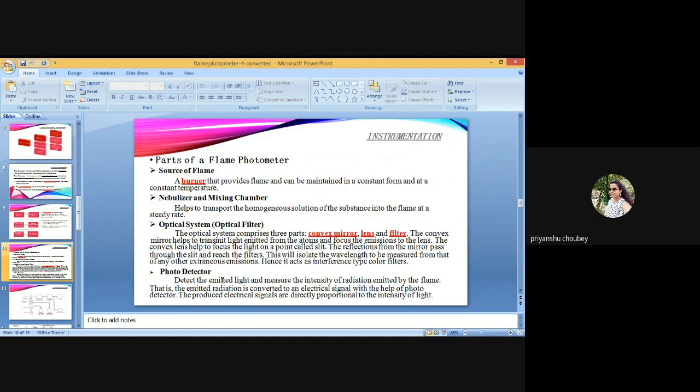log I0/I = Kc, where I0 and I are the intensity of the incident radiation and the transmitted radiation respectively. c denotes the concentration of the solution, and K is a constant.